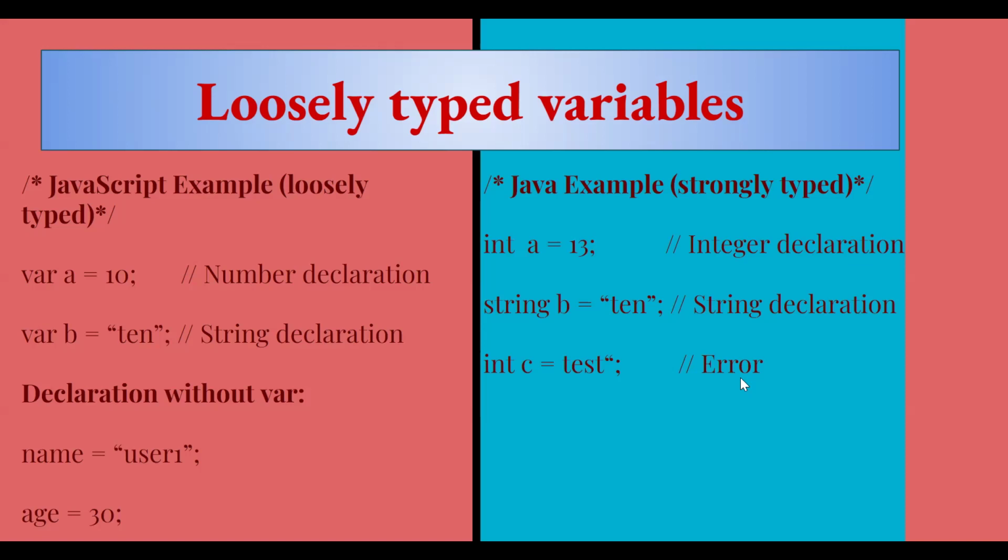But it is not recommended to declare a variable without var keyword. It can accidentally override an existing global variable. Scope of the variables declared without var keyword become global irrespective of where it is declared. Global variables can be accessed from anywhere in the web page.